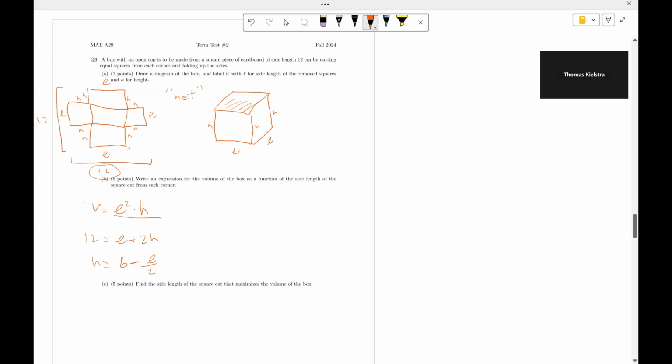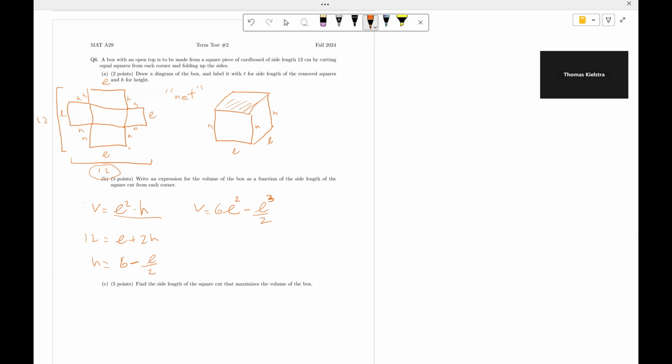So if H equals 6 minus L over 2, then V equals 6L squared minus L cubed over 2.